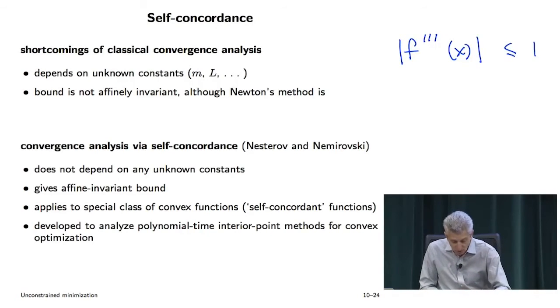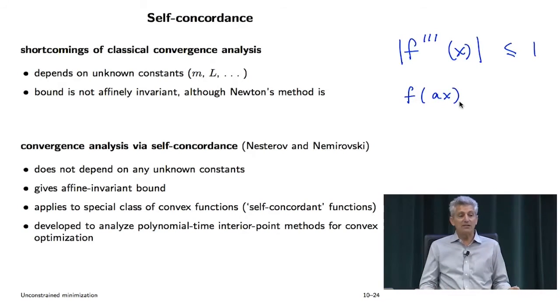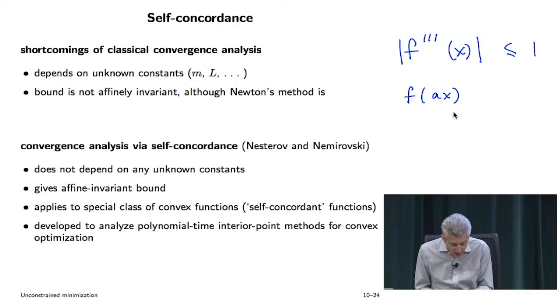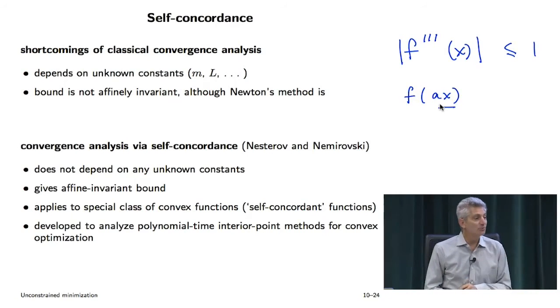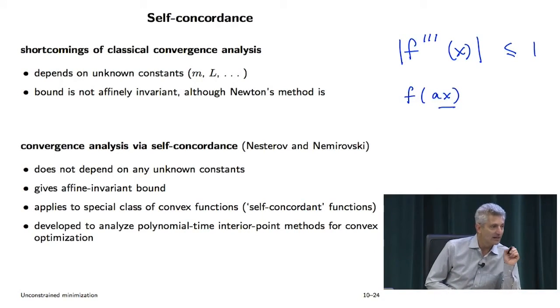Because if I change coordinates here, for example, if instead of f, I look at f of ax, the third derivative will change by a cubed or something like that. And that says that by doing a change of coordinates here, I can make the third derivative any number I want. I can make it as small as I like or as big as I want. Everybody got this?